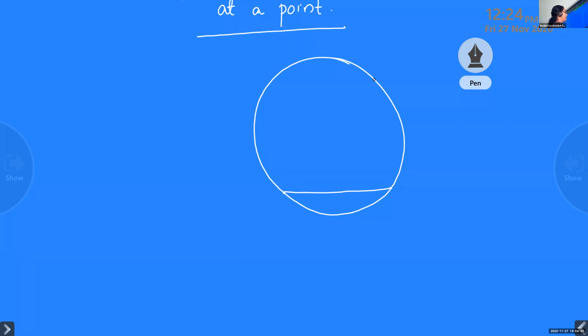Clear, children? Now, suppose these are the 2 points P and Q, and we joined P and Q by a line segment, and this is the chord, right? And the center, I'll give the name as O. Now, let us draw a triangle. Let us complete a triangle connecting any other point in the circle.